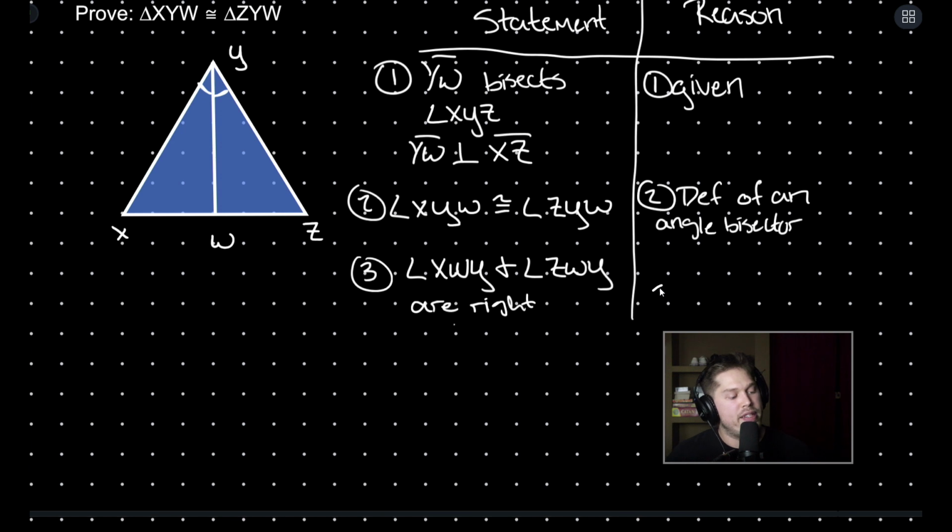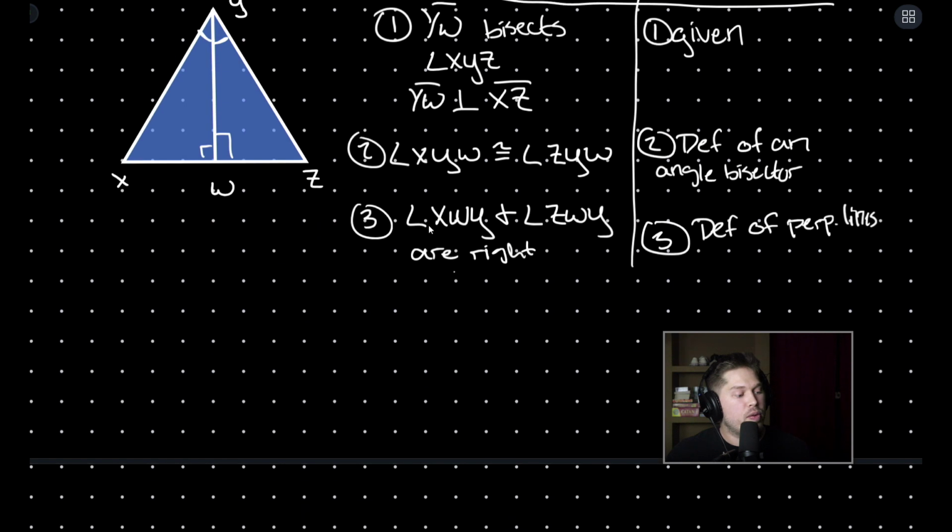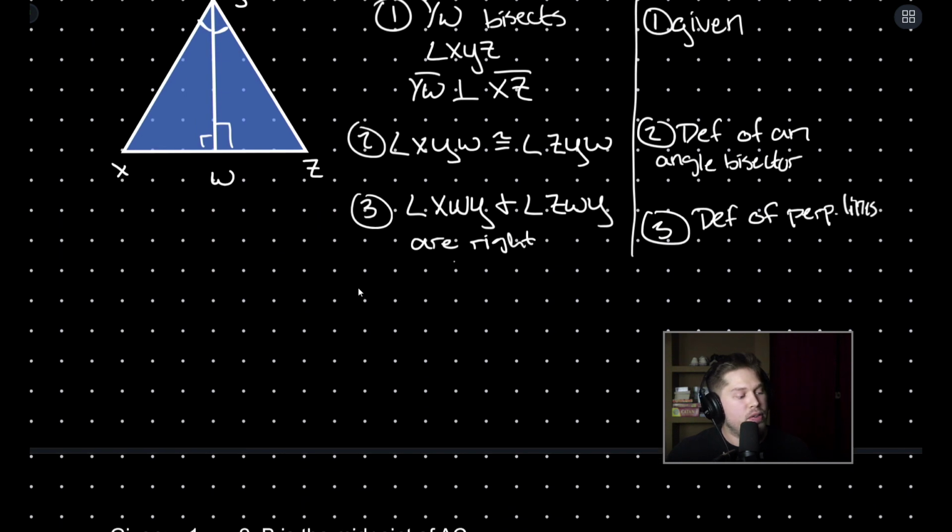And this is by the definition of perpendicular lines. So we just said that these two angles are right angles by definition of perpendicular lines. If they're right angles, then that means what?